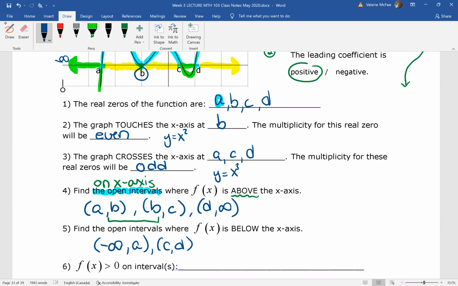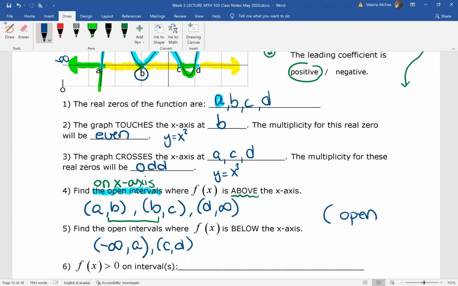It's actually important that we're using open or round brackets here because we want the values where the graph is below the x-axis, not equal to. If I put a square bracket here, it would say it's below the x-axis at A, but it's not. At A, it is equal to the x-axis. We just want below.